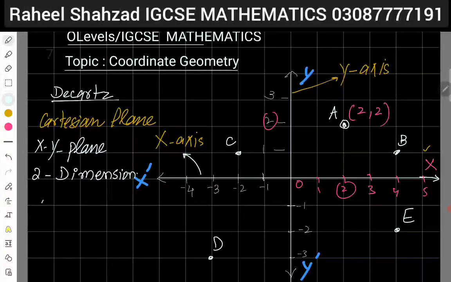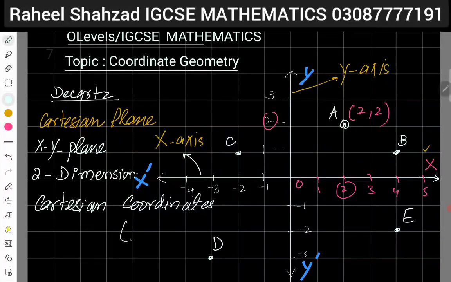Remember, we always write it in this form. These are Cartesian coordinates, written in the form (x, y). The first represents the x coordinate and the second represents the y coordinate. It's also called abscissa and ordinate, but generally we talk about these as the x coordinate and y coordinate.